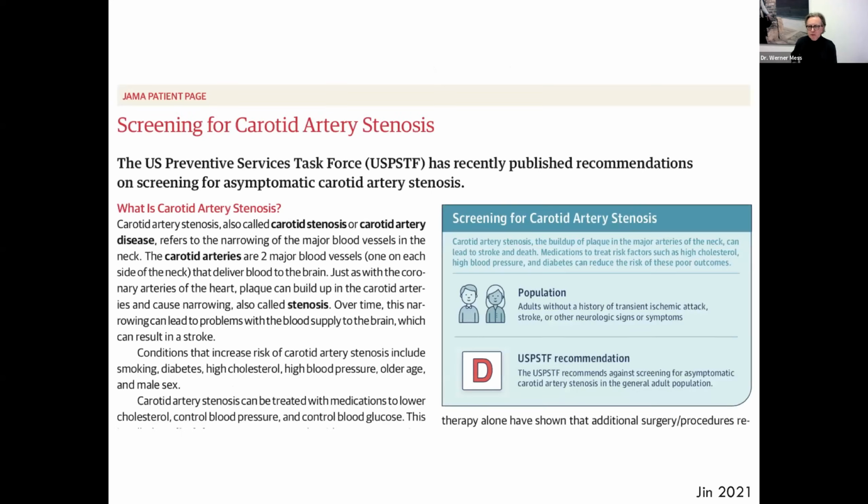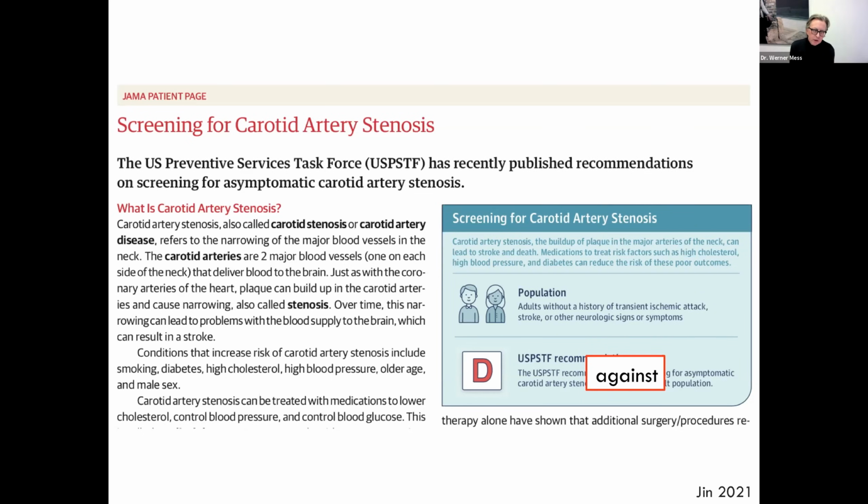Well, I think this is very important because this is a very recent statement published in JAMA on the question, should we screen for carotid artery stenosis, to find all these asymptomatic carotid artery stenoses? The answer is simple: no, don't do it. And the main argument is not the cost of screening.